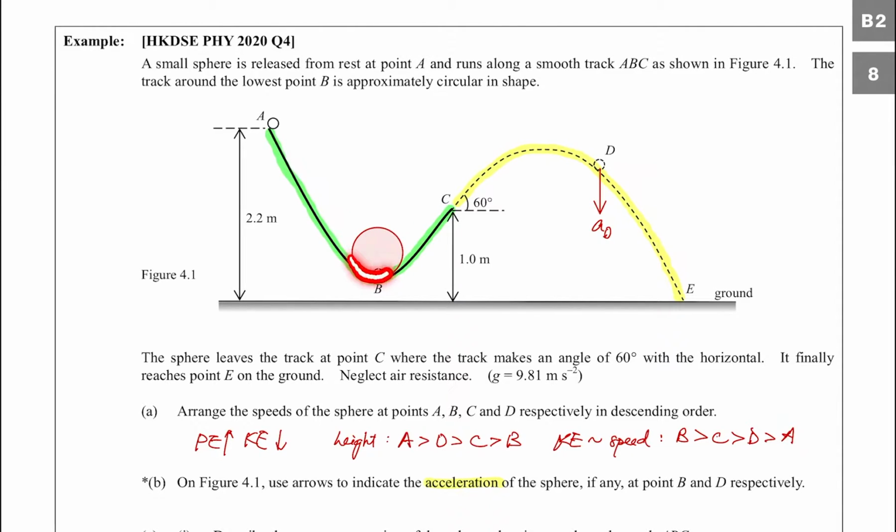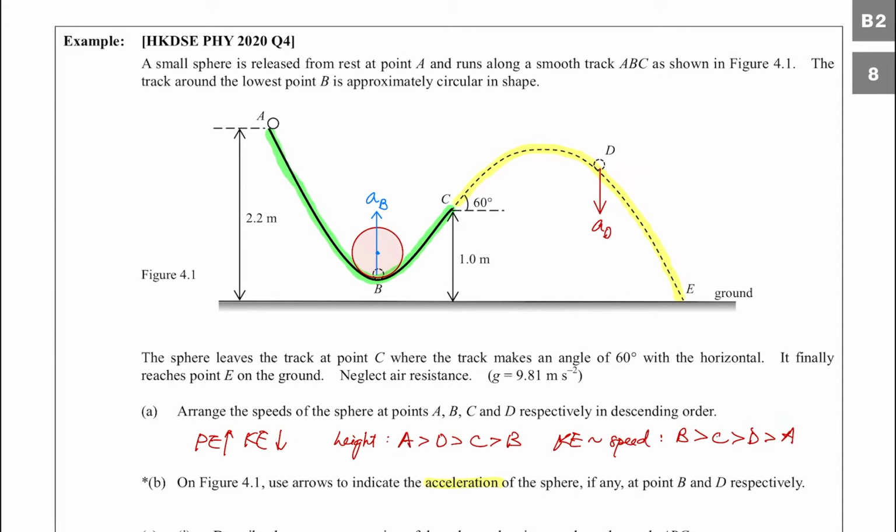It is performing a circular motion. So in a circular motion, we know that the acceleration is pointing towards the center of the circle. So at point B, the acceleration is in this direction.